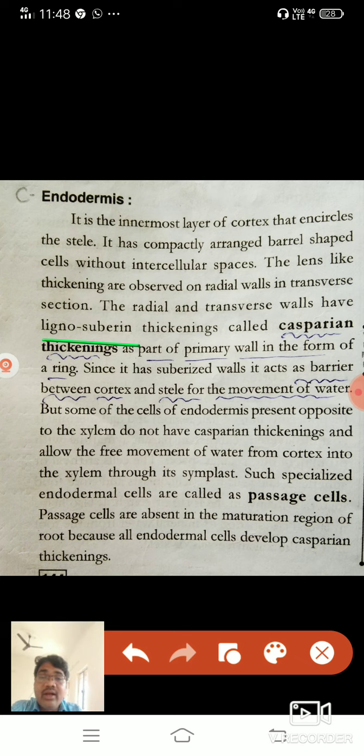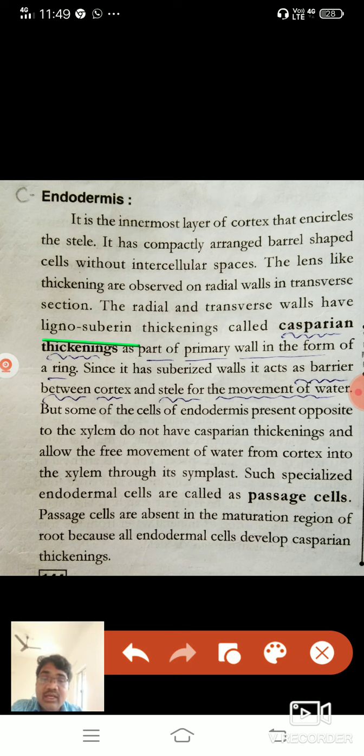The radial and transverse walls have lignosuberin thickenings, called Casparian thickenings, as a part of the primary wall in the form of a ring. Since it has suberized walls, it acts as a barrier between cortex and stele for movement of water.